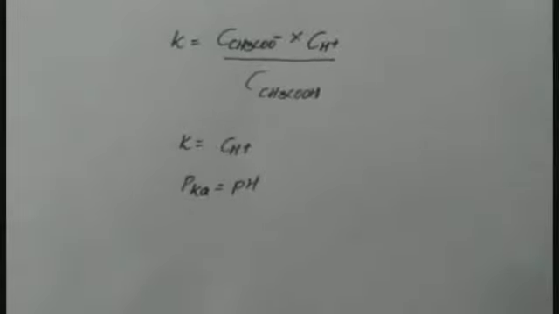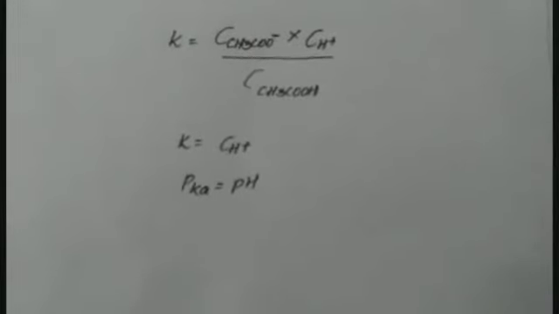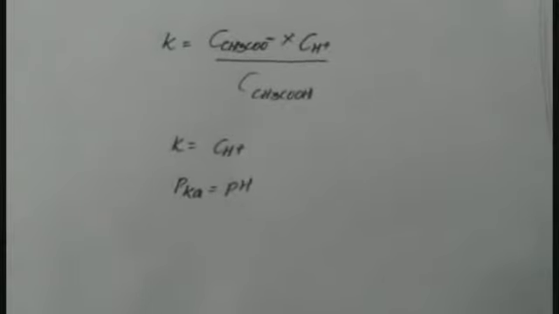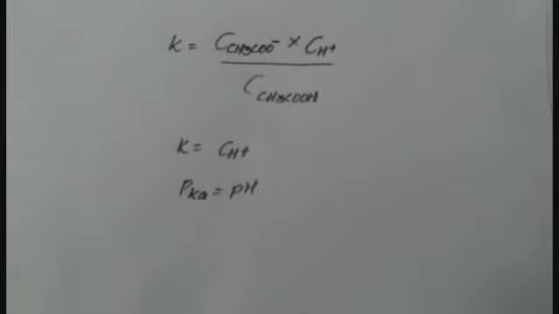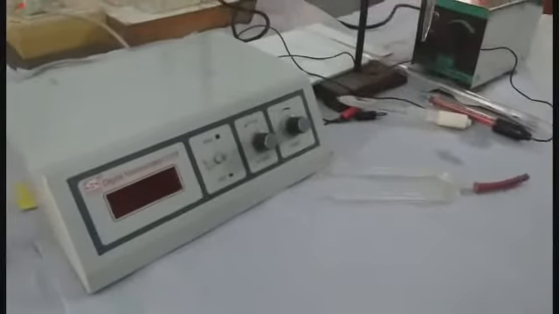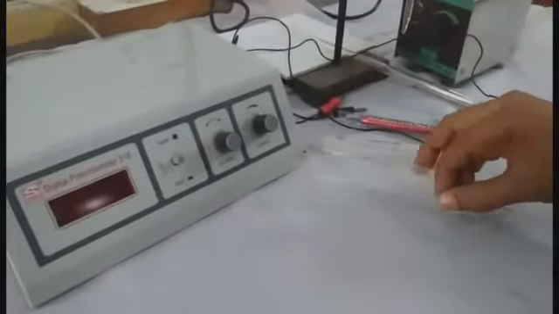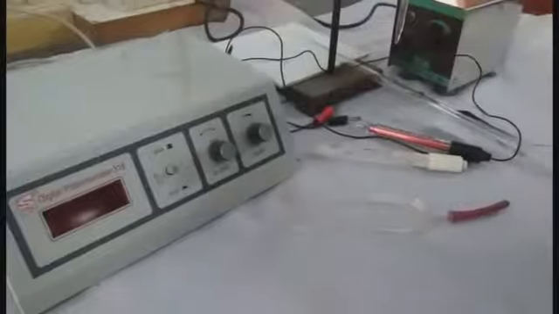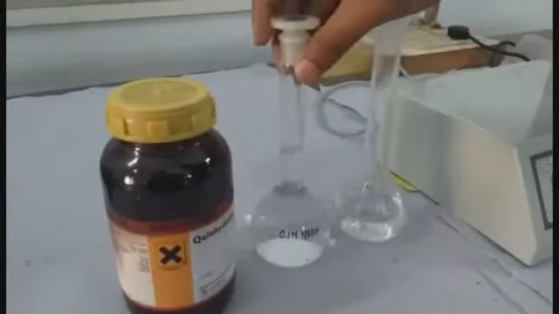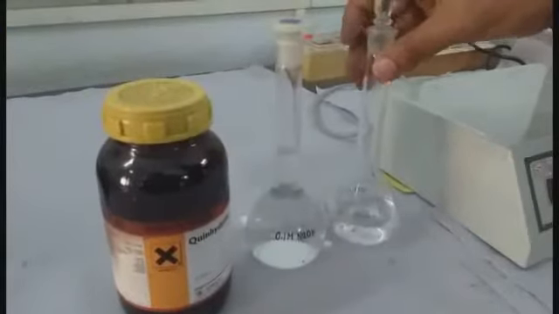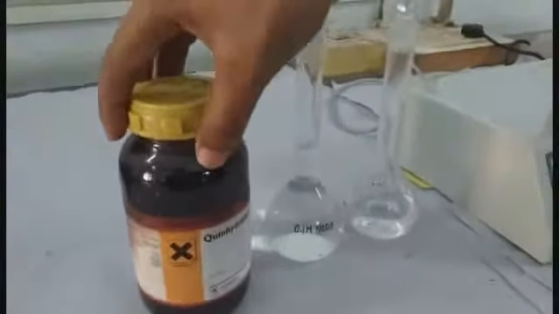Thus, the dissociation constant can be evaluated either by knowing the [H+] or the pH value for the half neutralized solution of the acid. For this, we require potentiometer, calomel electrode, platinum electrode, salt bridge, pipette, 0.1 molar NaOH, 0.1 molar acetic acid and quinhydrone.